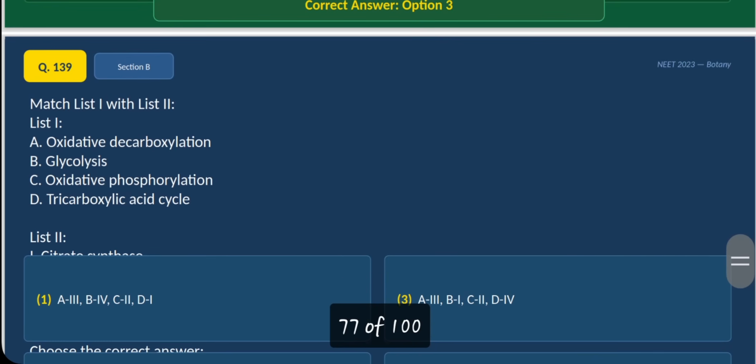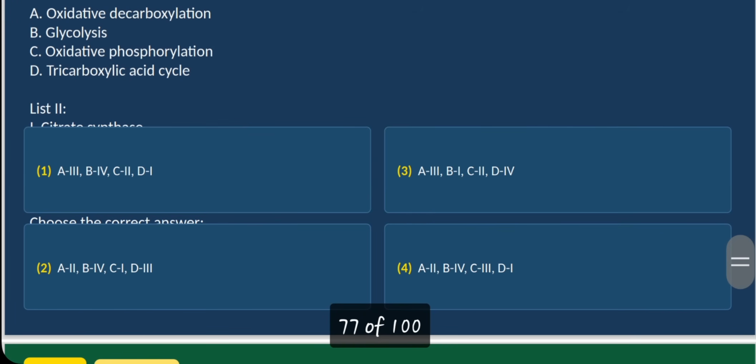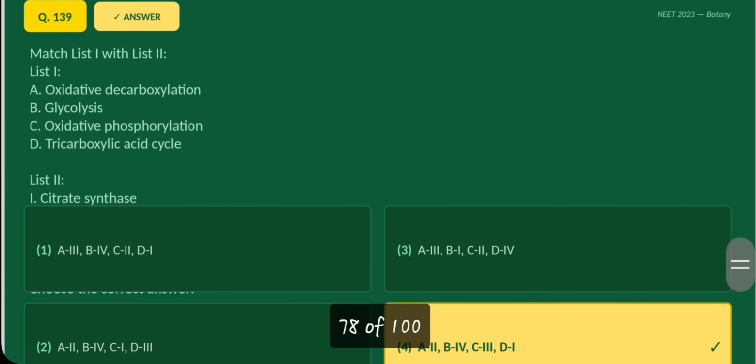Match the following. We have here oxidative decarboxylation, glycolysis, oxidative phosphorylation, tricarboxylic acid cycle. So we have to choose the correct one.